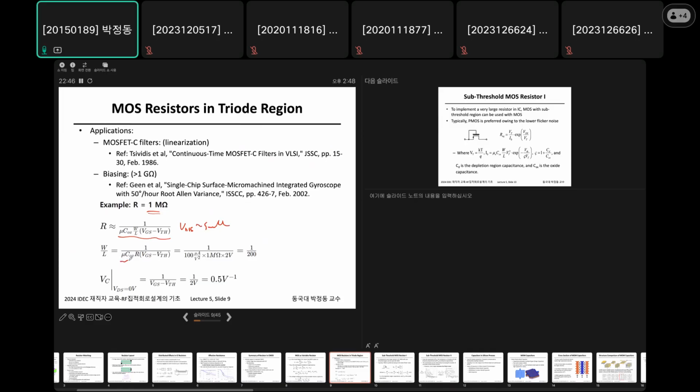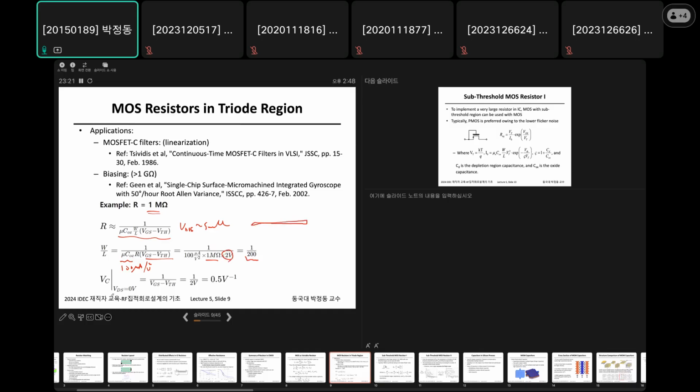This is typically 100 micro ampere per volt squared scale, and you put 1 mega ohm here, and VGS minus VTH in this application, let's say, is 2 volts. Then W over L is 1 over 200, which is a very small device, so the length is very long and the width is very narrow.